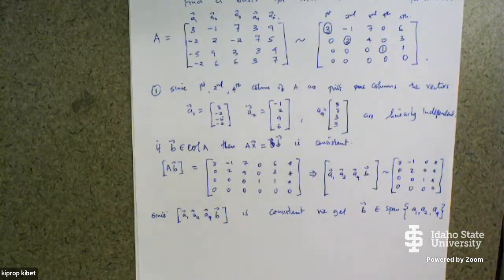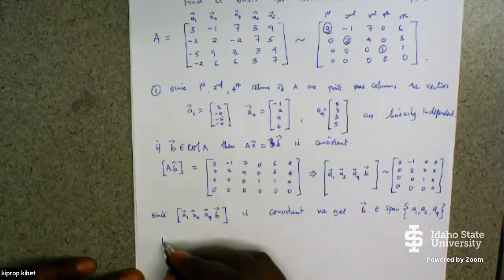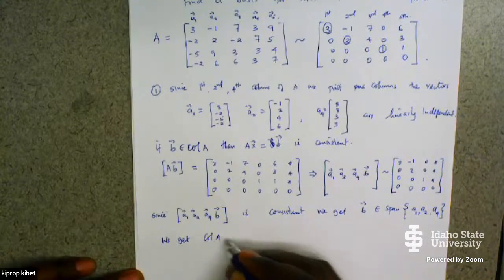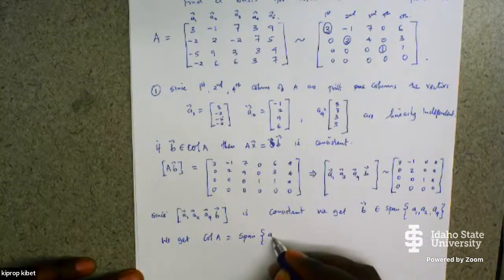So then we get the column space of A to be equal to the span of A1, A2, and A4.